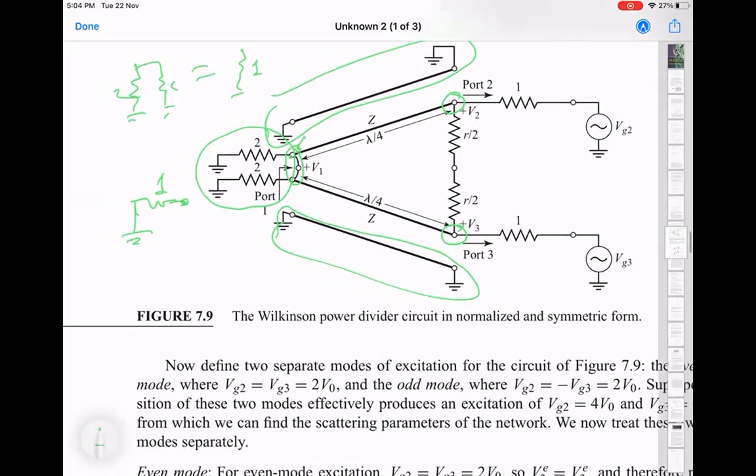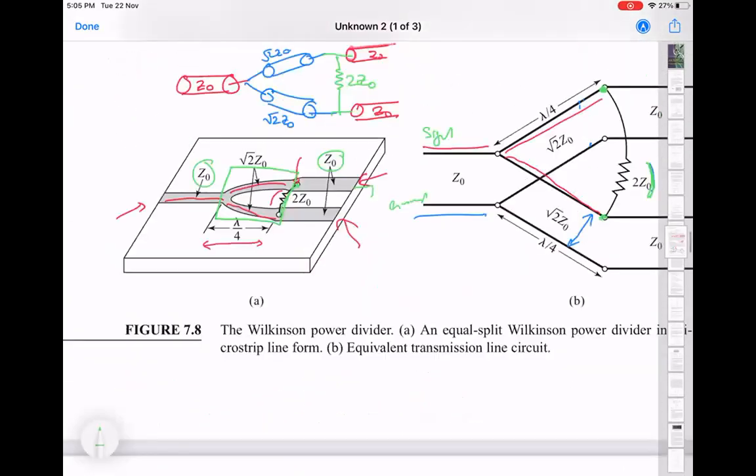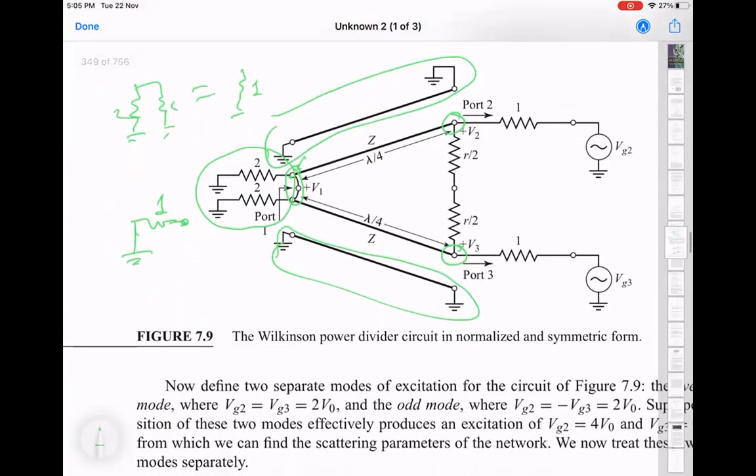Finally, this extra resistor, the 2Z0 one here, has been relabeled as R and deliberately split into two series resistors of R by 2 with this point here in the middle. Okay. All of this, you can call it drama, is to be able to identify the symmetry of this circuit. Now, if you look at this circuit, you can sort of notice that it's symmetric about this line.